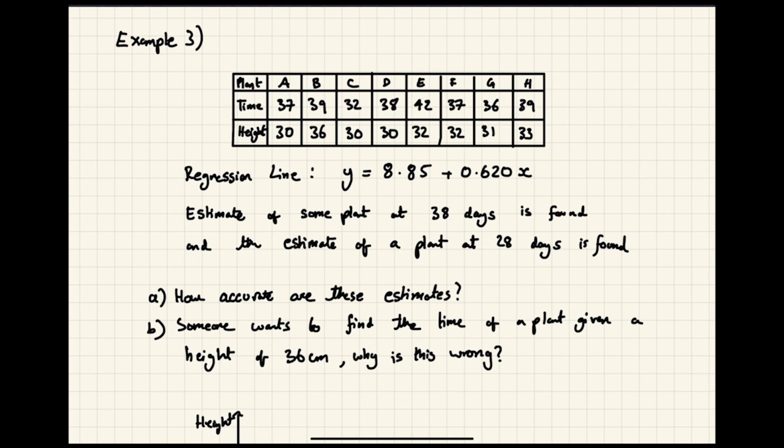However, we're trying to use the height, which is the dependent variable, in order to find an independent variable. So just to summarize, you cannot use this dependent variable in order to find this independent variable back here. You can only ever put a value of x to find a value of y. And that's usually the answer to these kinds of questions.